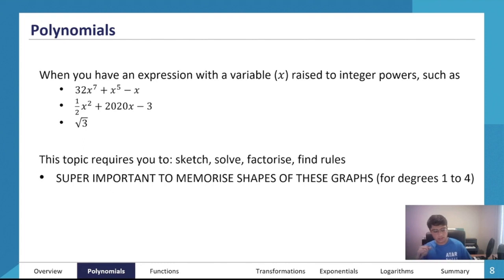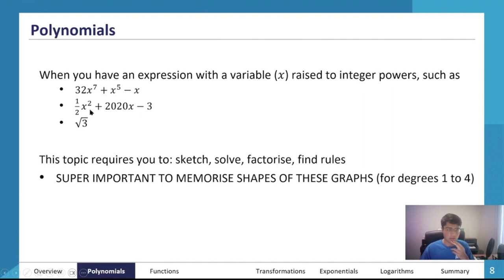Now note that every polynomial has what's called a degree. This is the highest power present in the polynomial. So if we look at these three examples here, 32x to the 7 plus x to the 5 minus x, the degree here would be 7, because that's the highest power that we have present.